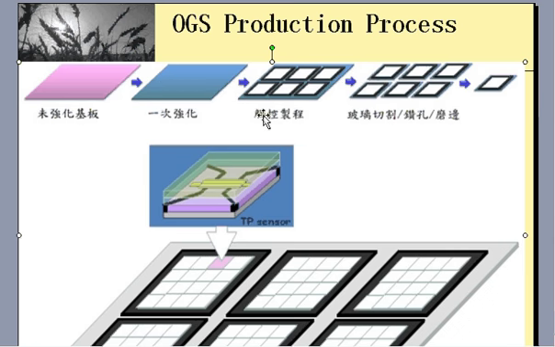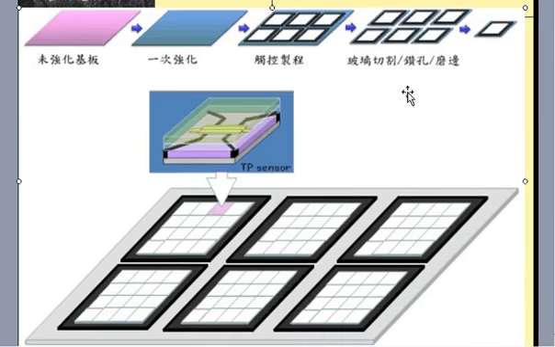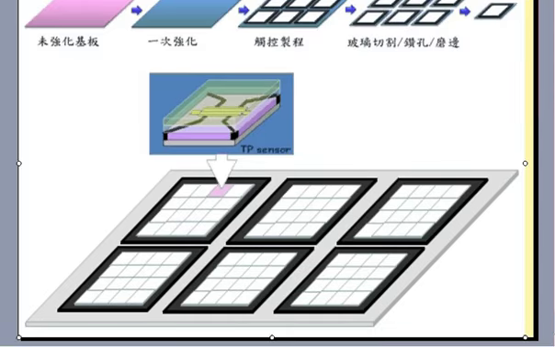And then we will make a sensor on the cover glass, and then we will cover it, and then we will drill the holes and bevel the edges to make it smooth, and then we get an individual sensor. That is a one glass solution.